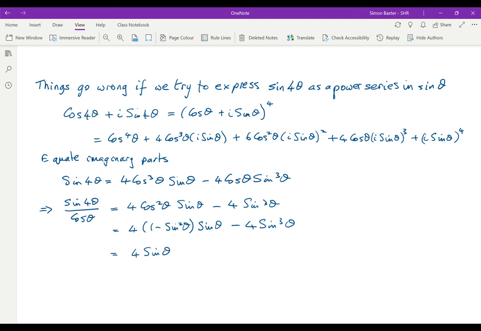And the next bit is minus 4 sine cubed, minus 4 sine cubed is minus 8 sine cubed theta. So I cannot express sine 4 theta as a power series of sine theta, but I can express sine 4 theta over cos theta as a power series in sine theta.